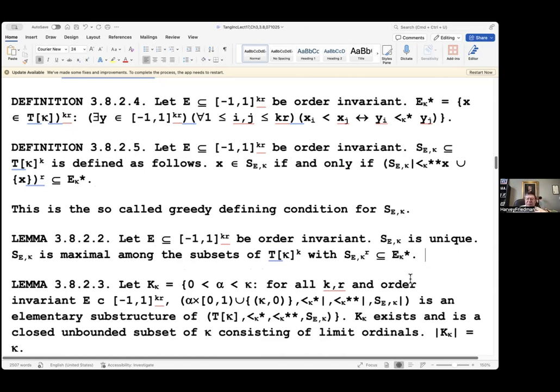The Cartesian power is contained in E_K. Remember, E_K is dimension K times R, and this is dimension K, so the dimensions are matching nicely. All right, and this is just proved the usual way you justify definitions by transfinite recursion: first you argue that it's unique if it exists.